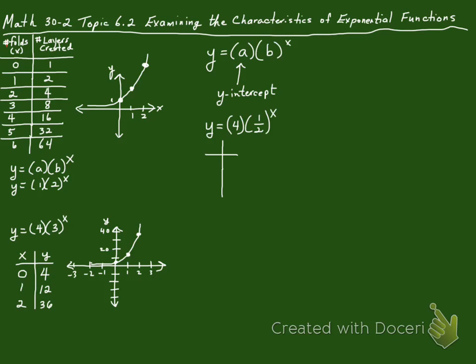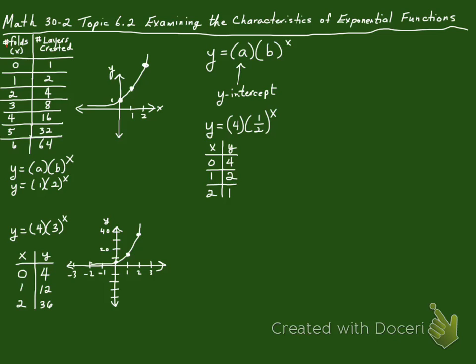Let's look at y equals 4 times 1/2 to the power of x. This time, my b value is small. It's only a half. So let's see what happens when we graph something like this. Again, when x is 0, we're going to get 4 times 1/2 to the power of 0, which is 1. So it's going to be 4. So again, when x is 0, y is 4, and that's our first value, our a value.